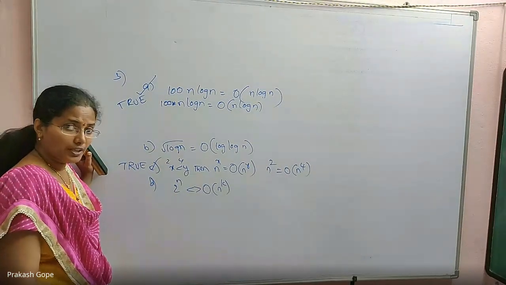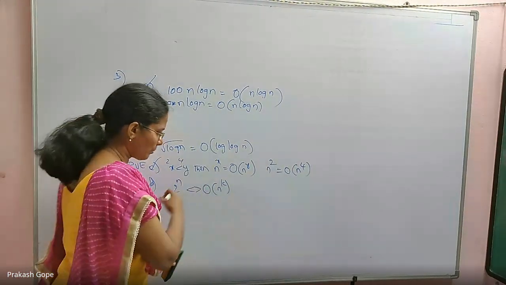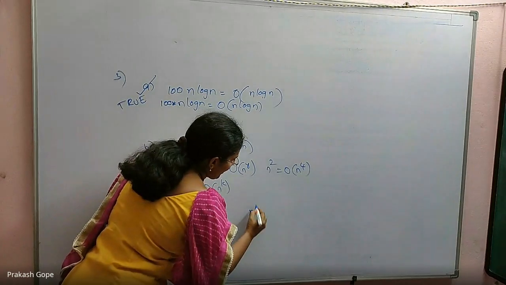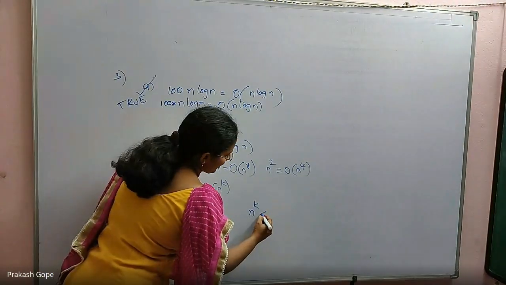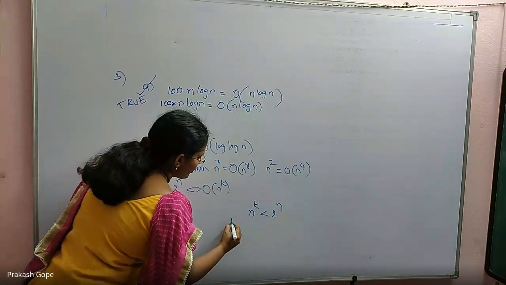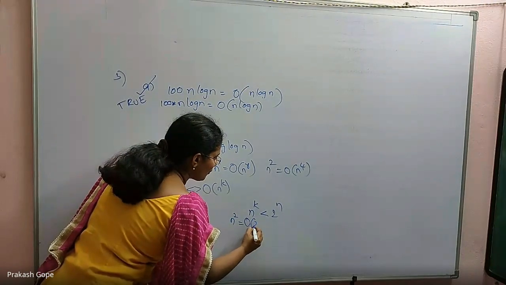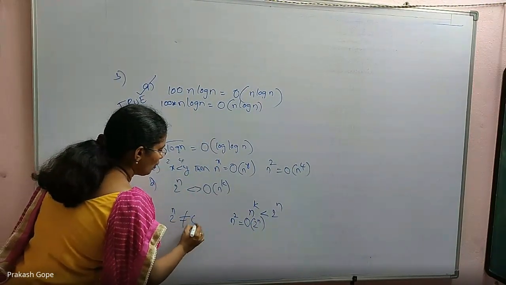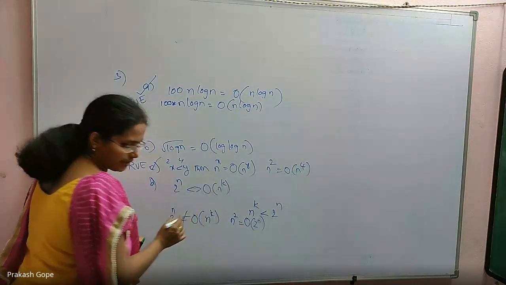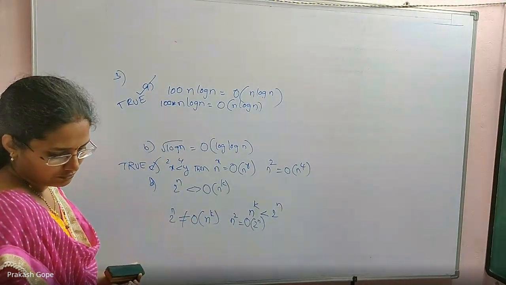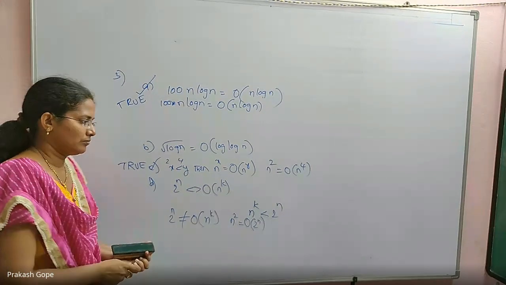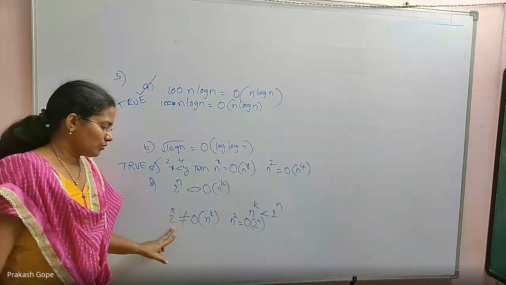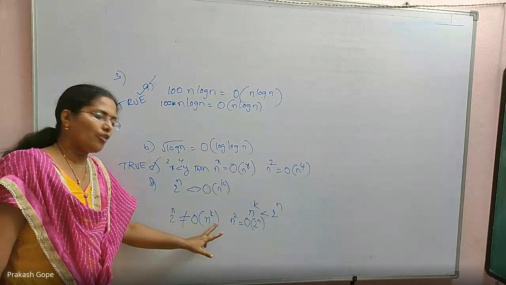Coming to this, I gave you a formula when I was explaining. N power k is a polynomial. N power k is less than 2 power n, which means n power k is equal to big O of 2 power n. But never ever 2 power n is equal to big O of n power k.